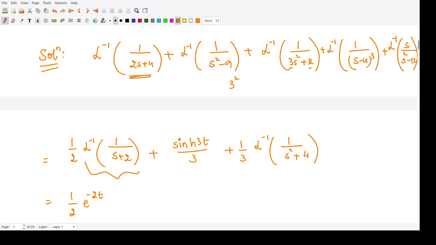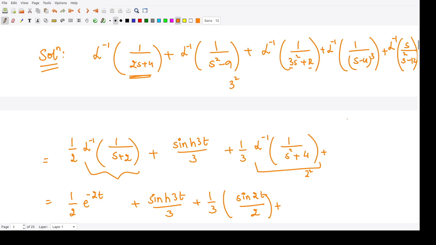Here the second term is the same, sine hyperbolic 3t upon 3, and here we would have the Laplace inverse of 1 divided by s square plus 4. You can write 4 as 2 square, so it would be 1 divided by s square plus 2 square. So that is nothing but sine 2t divided by 2.